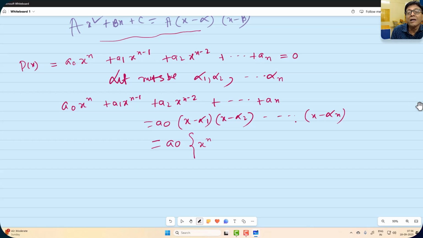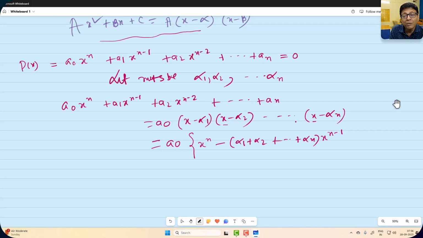If we multiply alpha 1 with all the x's in the next brackets, it is going to be alpha 1, alpha 2, up to alpha n, with x to the power n minus 1. Similarly, alpha 1, alpha 2 with the leading term, and then we repeat the process for alpha 2, alpha 3, alpha 3, alpha 4, the way we did here.